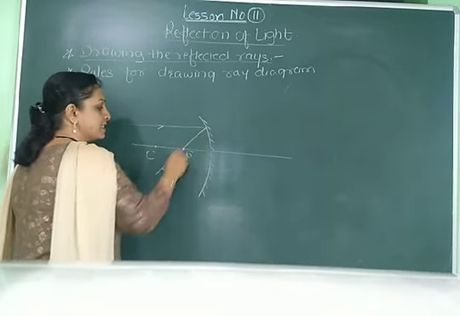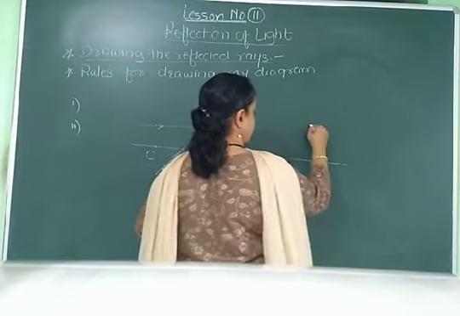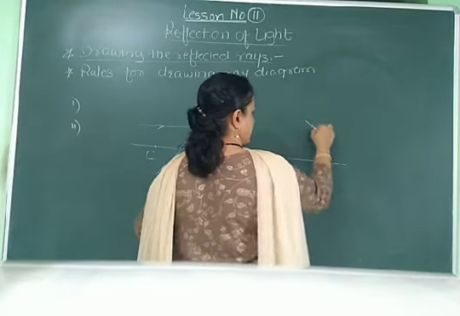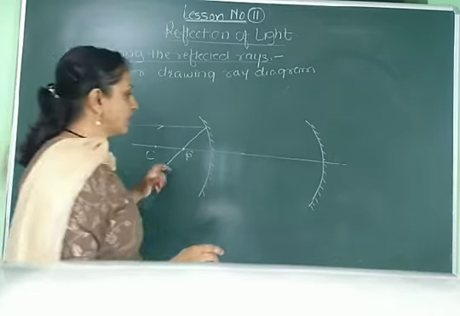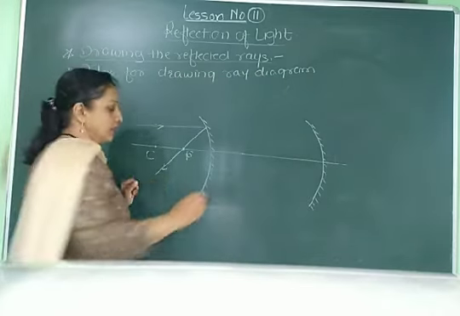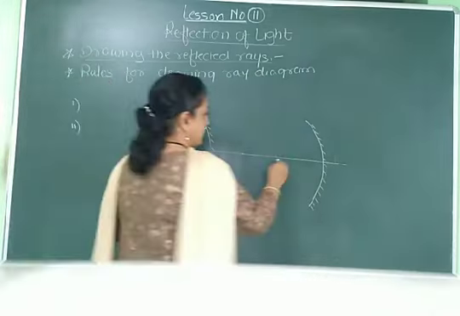Now what is the second rule? Again we have to draw one concave mirror. So this is the concave mirror. And now what is the second law? Suppose the incident ray passes through the principal focus.